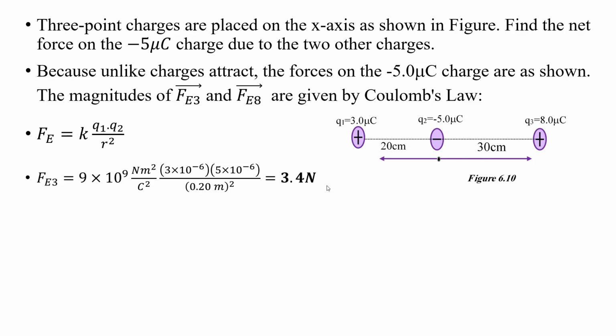Okay, so for this charge 1, 3.0 microcoulomb, so 3 × 10⁻⁶ multiplied by the 5 microcoulomb, divided by the distance squared, and this is the constant value. And now the electric force between these 2 charges, 8 microcoulomb and 5 microcoulomb, would be 4 Newton.